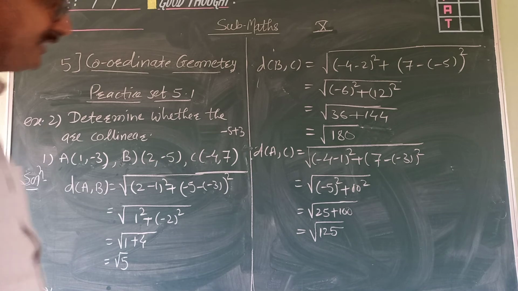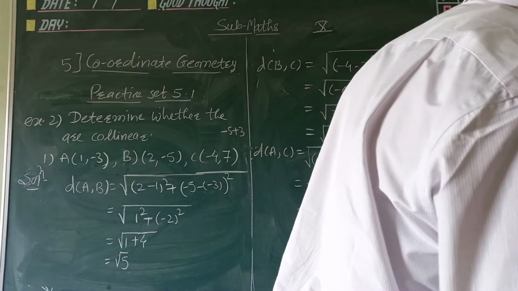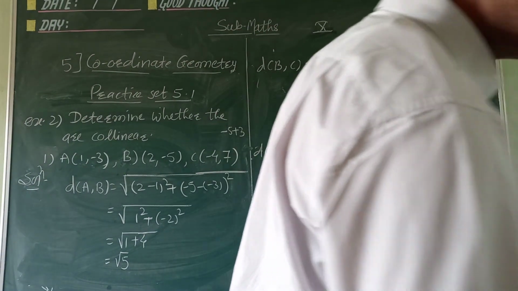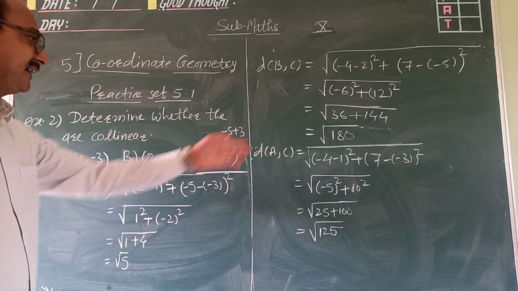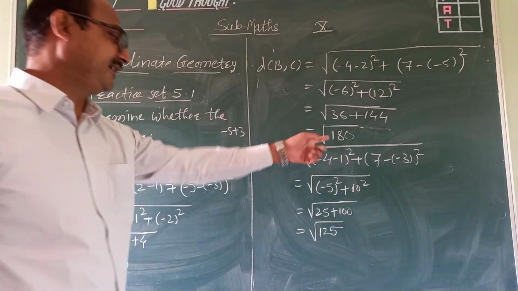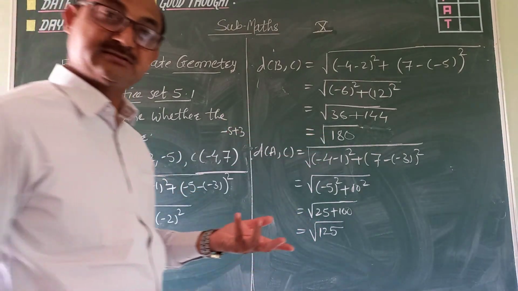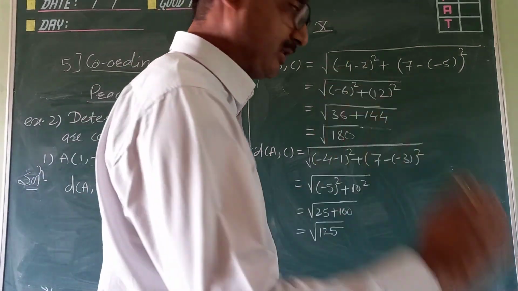So now here we have to see: can we factorize this one? If you see directly, we will not get the addition. 180 and 125 we can't add because the radicand is different, using the laws of surds.